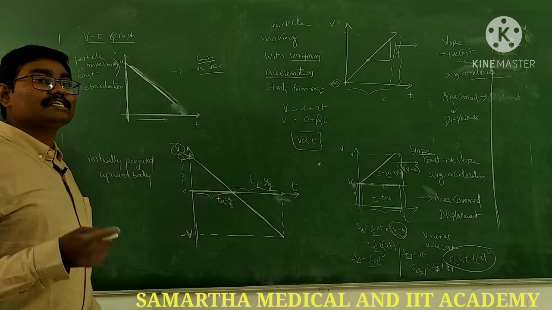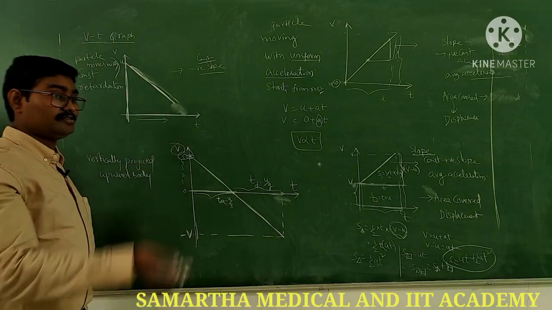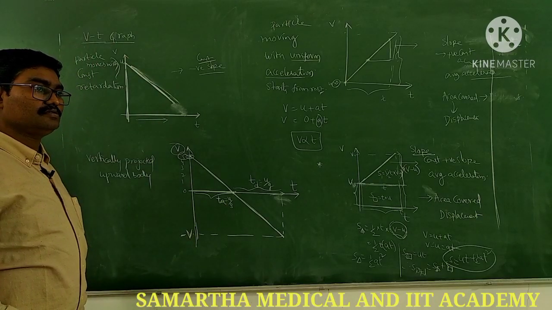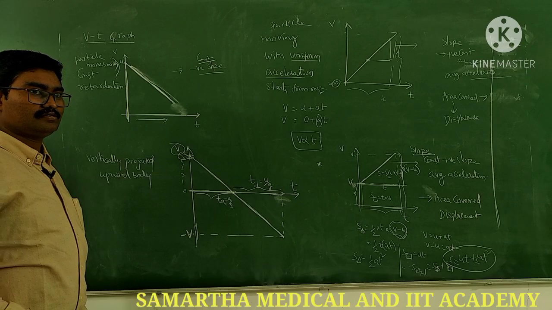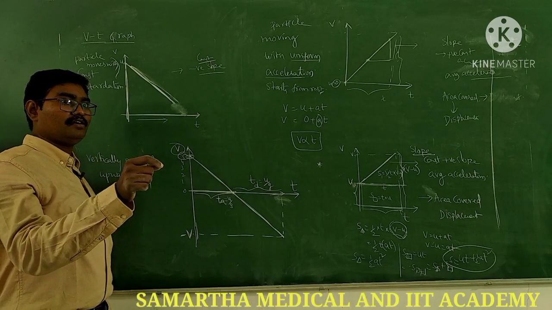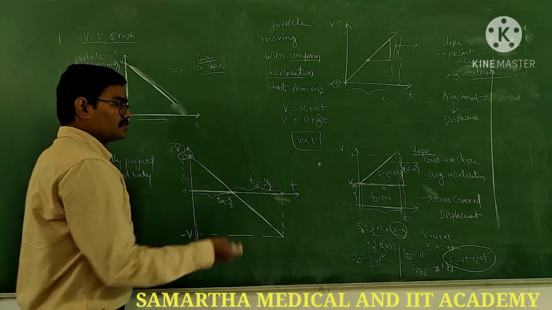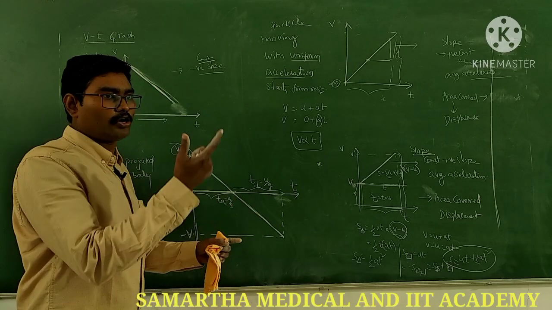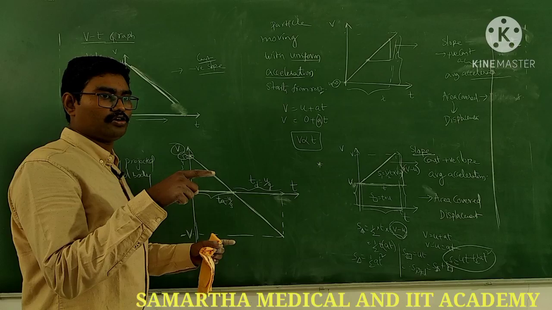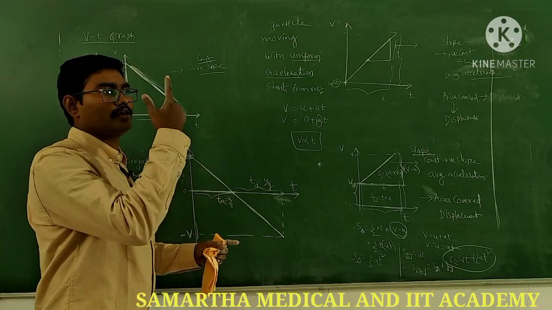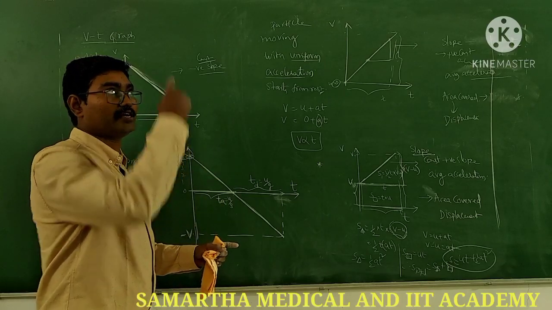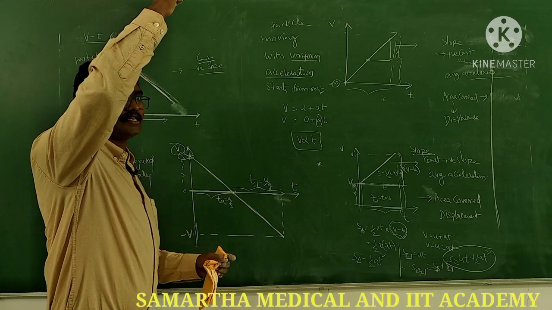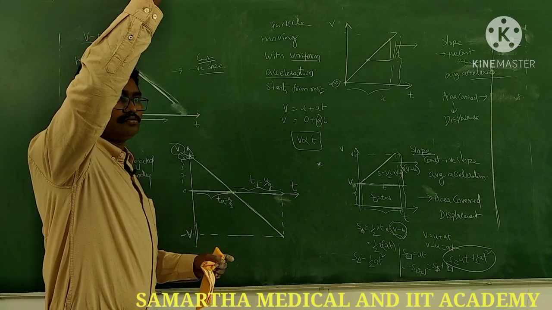Then what is the displacement for a vertically projected body? Just visualize the situation first. You have thrown the body upward with maximum velocity. While going upward, due to gravity, velocity gradually decreases and becomes 0.